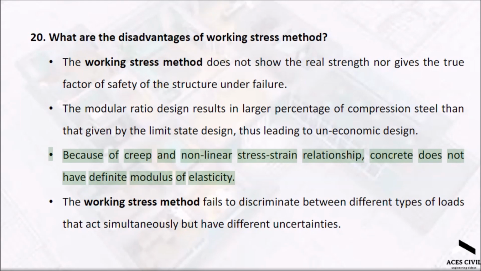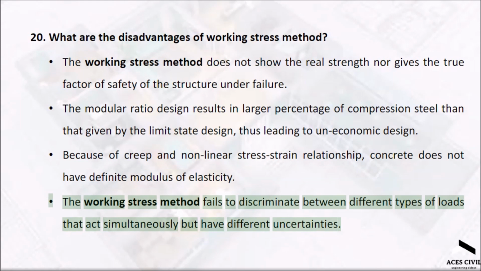Because of creep and nonlinear stress-strain relationship, concrete does not have definite modulus of elasticity. The working stress method fails to discriminate between different types of loads that act simultaneously but have different uncertainties.